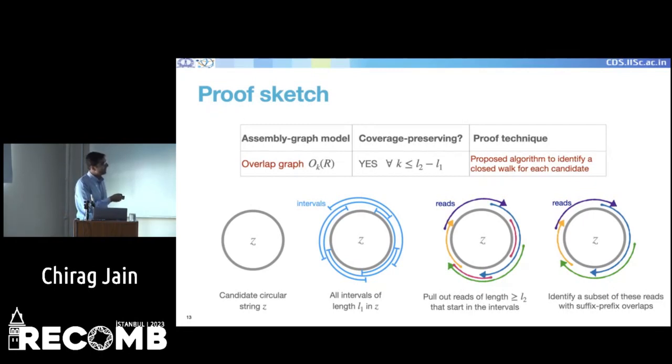So if you give me a candidate string Z, basically the algorithm will identify all the intervals in that candidate. It will pull out the reads that cover that candidate string Z, and from these reads we will identify a subset of those reads which have a proper suffix-prefix overlap among them. So once we do that, we know that there is a walk in the graph that will spell the circular string Z.